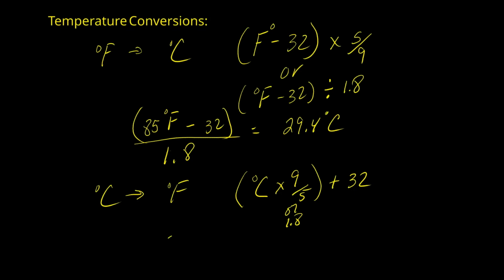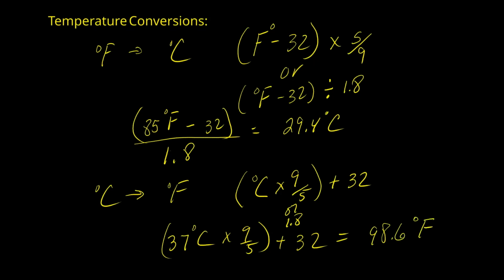For example, 37 degrees Celsius times 9/5 plus 32, that would give me 98.6 degrees Fahrenheit.